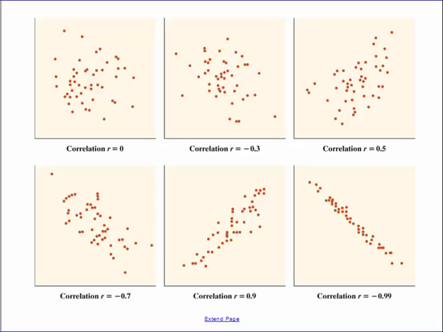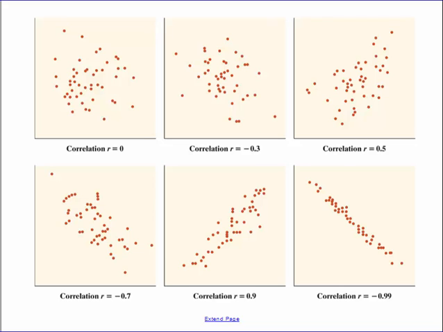But as it gets stronger, so r equals 0.5 in that top right-hand corner, you can see that that trend is more clearly defined as positive. As you move to the bottom left-hand side, you can see that that is more clearly negative as you get stronger and stronger. So that's negative 0.7. That's getting closer to that negative 1.